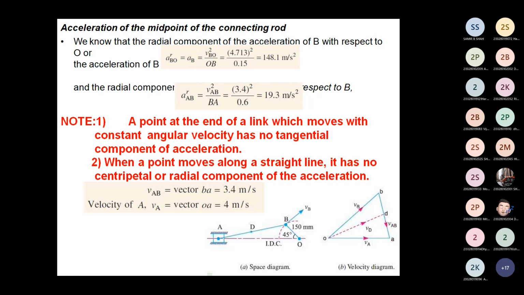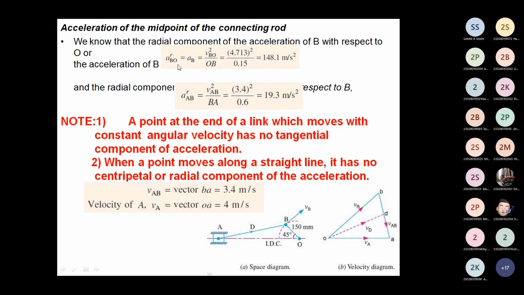This is the first point you have to remember: whenever you start to draw the acceleration diagram, first find the radial part. The radial part we get from the velocity diagram only. So draw the velocity diagram, complete the whole diagram, and then start to find the radial part.